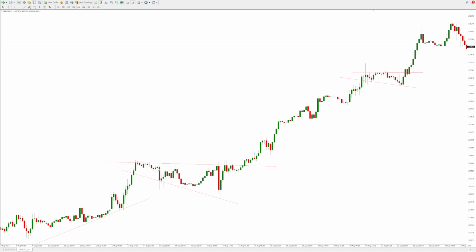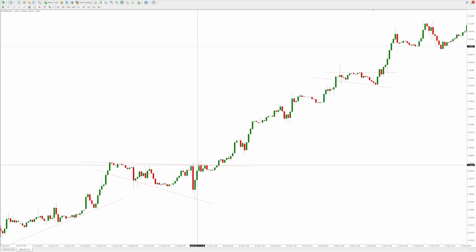Some of you may have even wanted to take it on the pullback around here to try and get in earlier. The thing about doing that is, more often than not, price may continue going against you and you'll get stopped out. But for argument's sake, let's say we're just focusing on the broadening wedge.